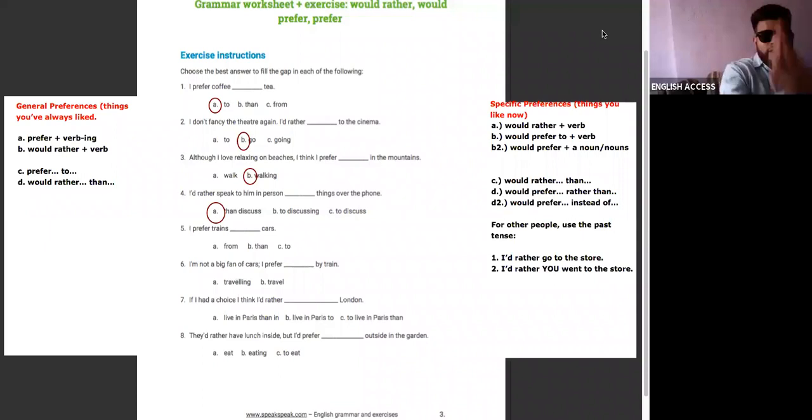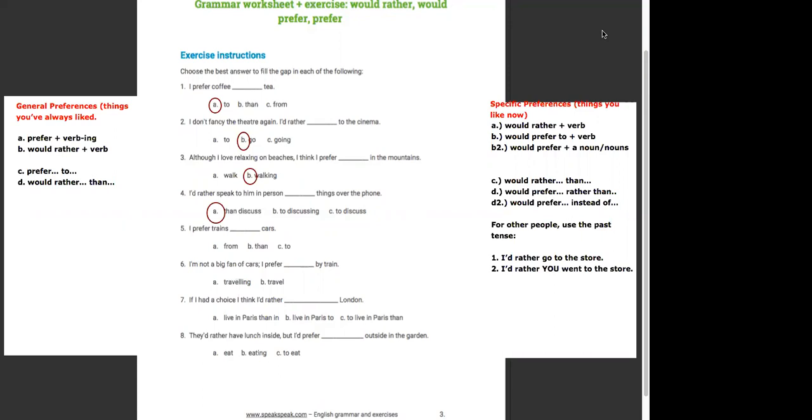Okay, so look at the general preference part. Look at letter C and D. 2. Ooh, yes. I prefer trains to cars.